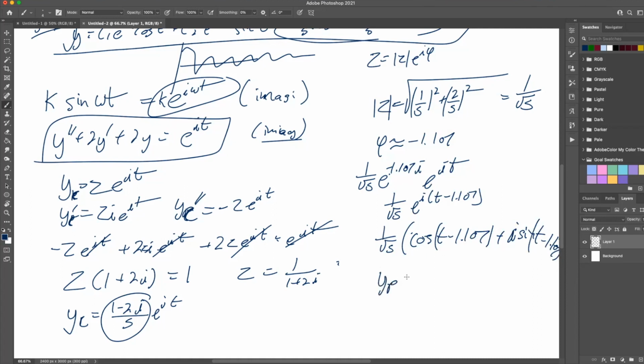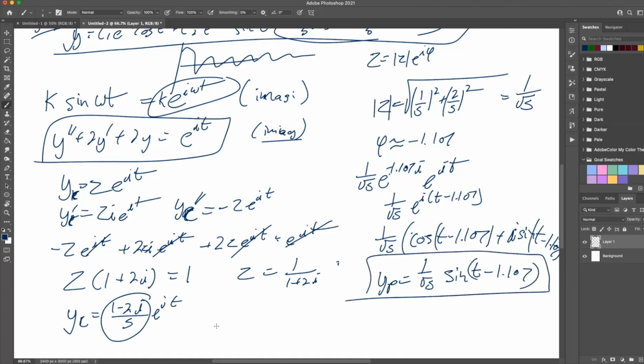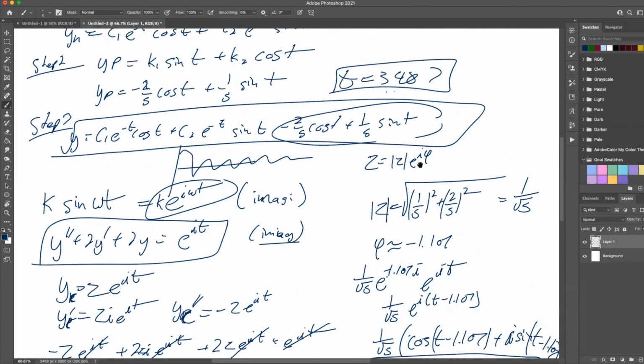So my particular solution in this case, if I just take the imaginary part, would be 1 over the square root of 5 times sine of t minus 1.107. And I'm going to tell you this is, I wouldn't say infinitely, but much more useful of a particular solution than this.